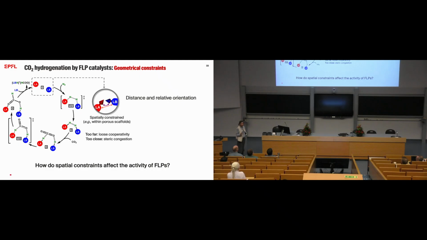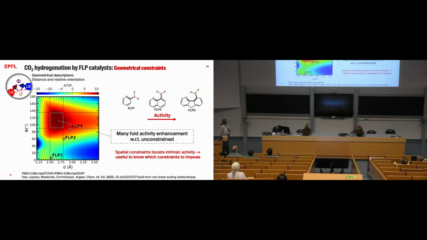Second question, before I go to the whole workflow, is the geometrical constraint. So now we know which chemistry is suited, but within a MOF or within a porous material, the orientation, both distance and angle, can influence the activity a lot. So here we build another map. You see which distance is ideal and which angle is ideal between these two, the Lewis acid and Lewis base.